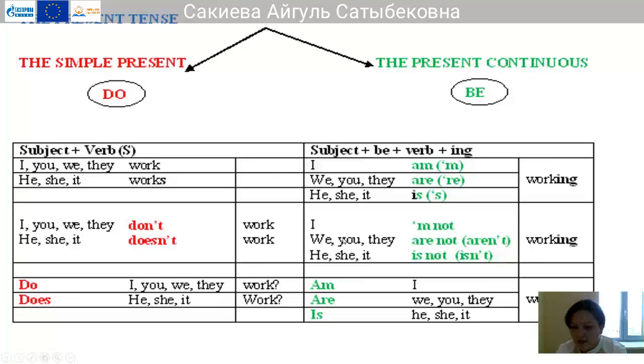Negative: I'm not working, we, you, they aren't working, he, she, it isn't working. Question: am I working? Are you working? Is he, she, it working? Okay? And in present continuous, we add what kind of ending? ing ending to the main verb, and we have to use the to be verb before the main verb after the subject. Okay?